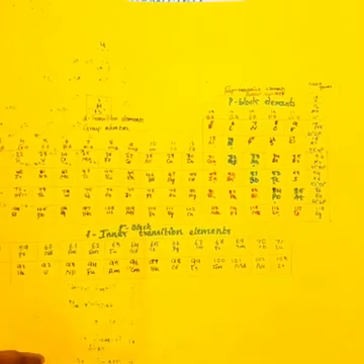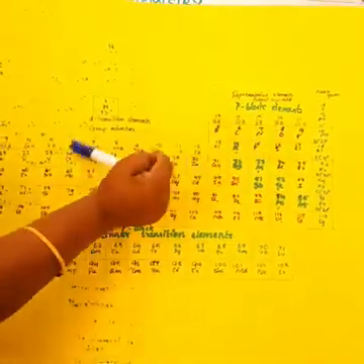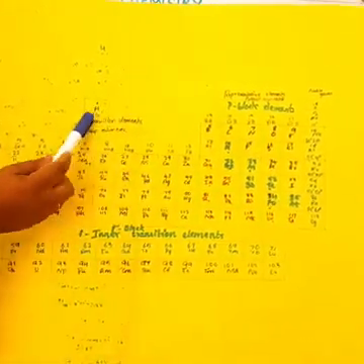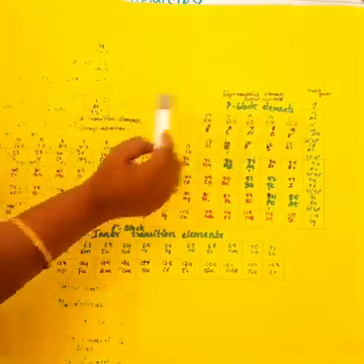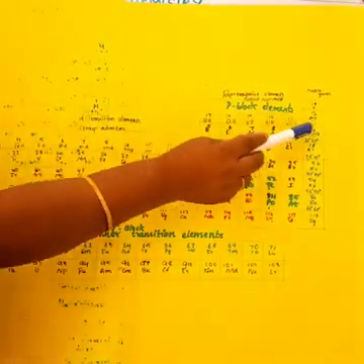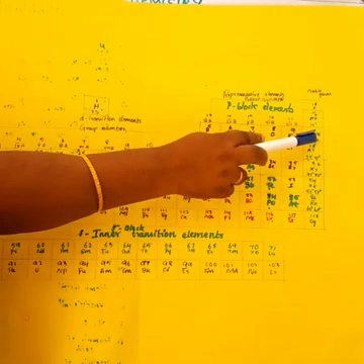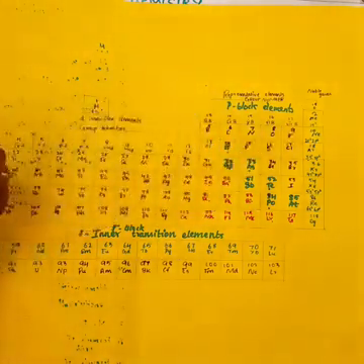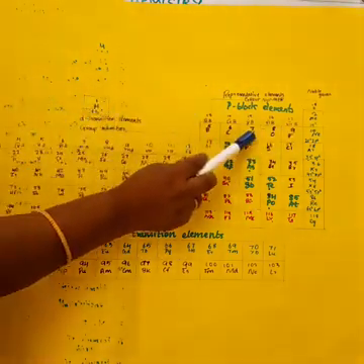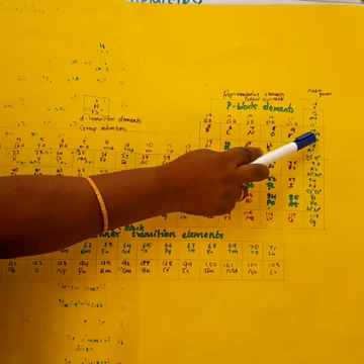The first period is hydrogen and helium. Hydrogen starts from 1s1 and helium ends with 1s2. The second period is lithium to neon: lithium, beryllium, boron, carbon, nitrogen, oxygen, fluorine, neon.